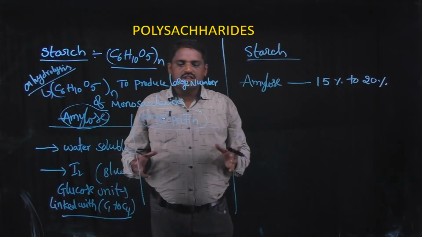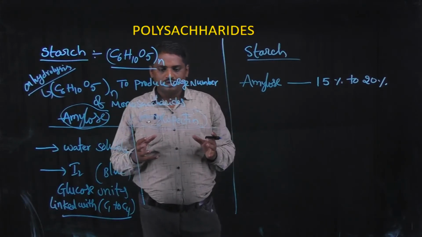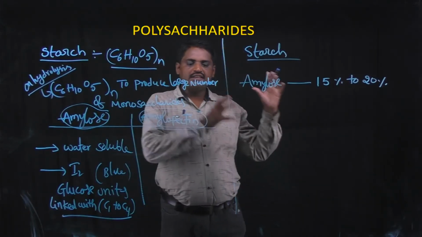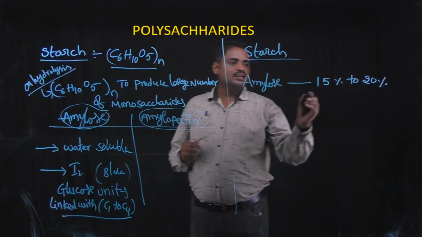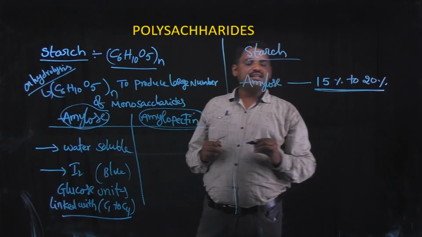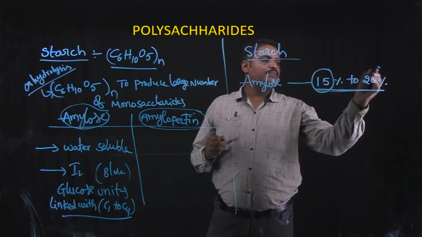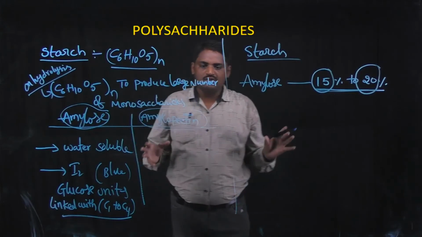In starch, the total compound contains two units. One unit is amylose and the other unit is amylopectin. The total starch contains 15 to 20% of amylose.